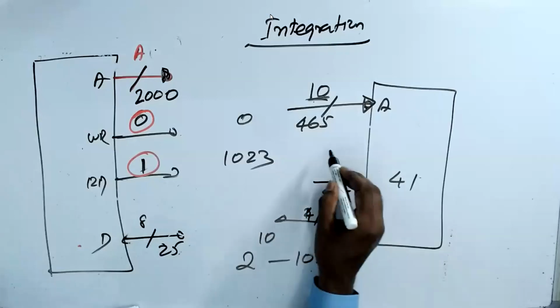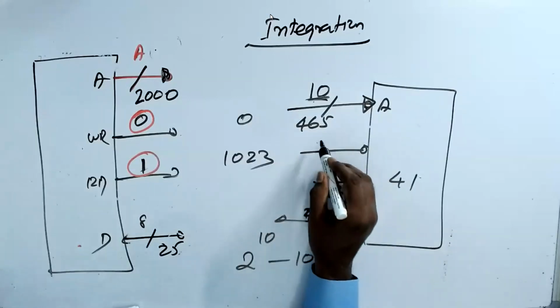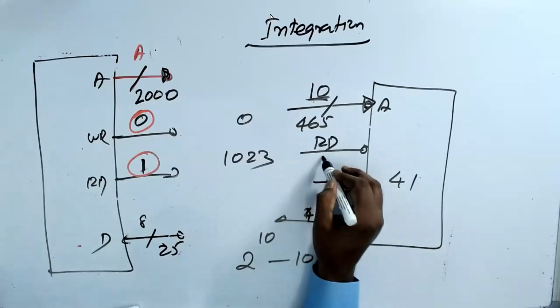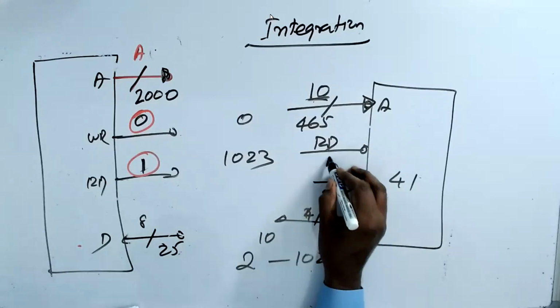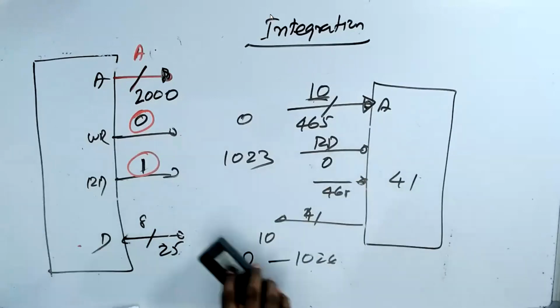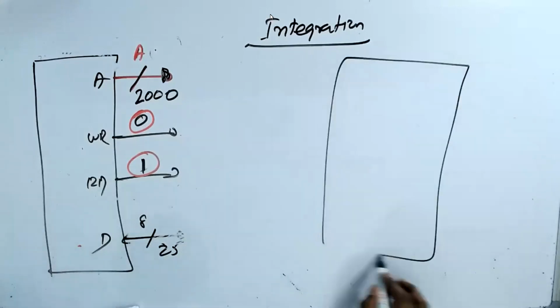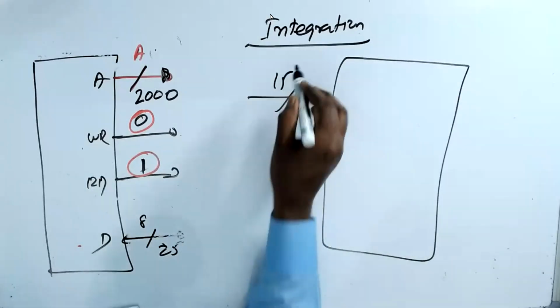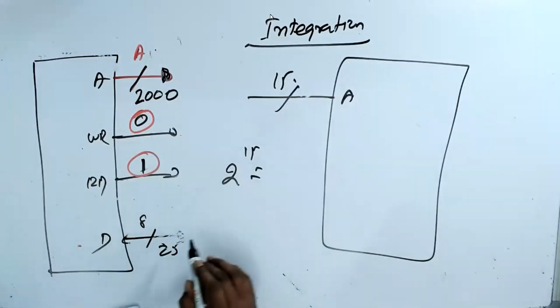But a very important thing is the read signal. Read has to be 1. If your read is 0, data will not come out. You can have any size of memory, doesn't matter. You can have a memory of 15 address lines. What is 2 power 15? 32K.